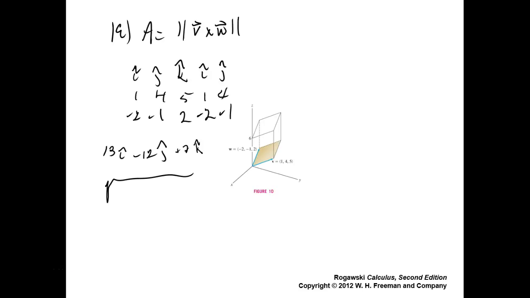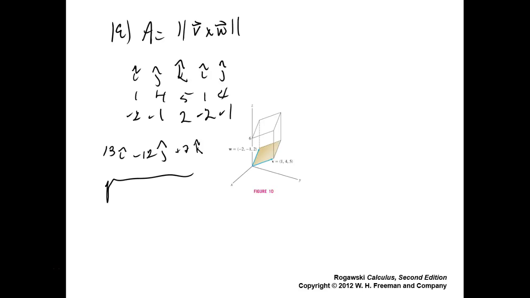Did I write it down wrong? Okay. Then the J component is minus 10, minus 2 would be minus 12, and the K component is minus 1, plus 8, plus 7. Is that right? All right.